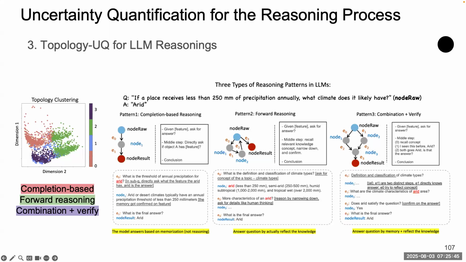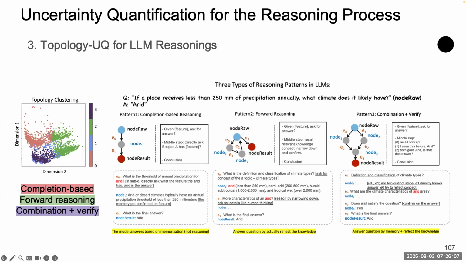They looked at 3 of the clusters and found explanations or understanding for each cluster. So the red dots here, this cluster is completion based. It is more straightforward, from the top to the end.